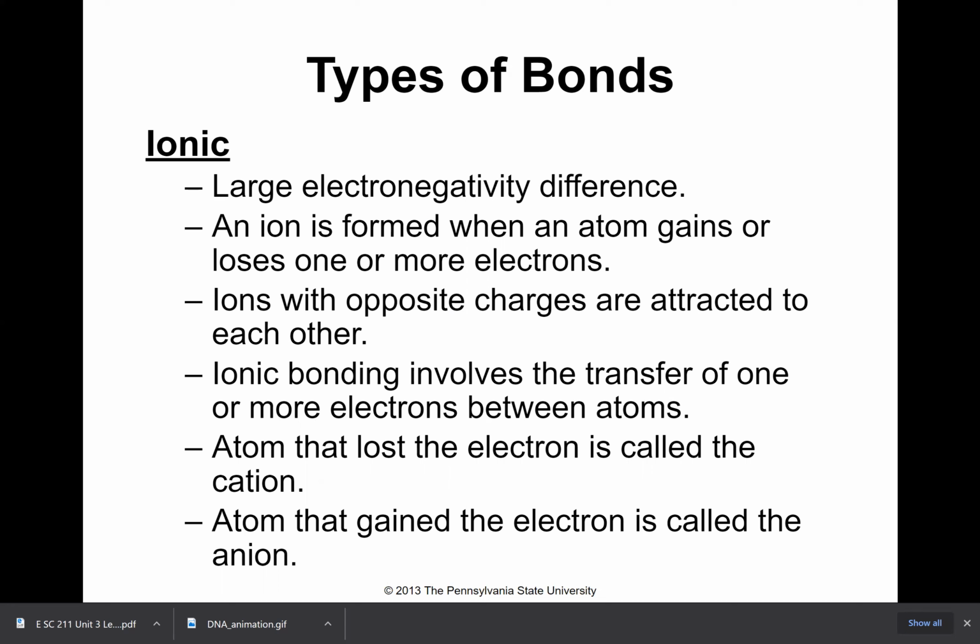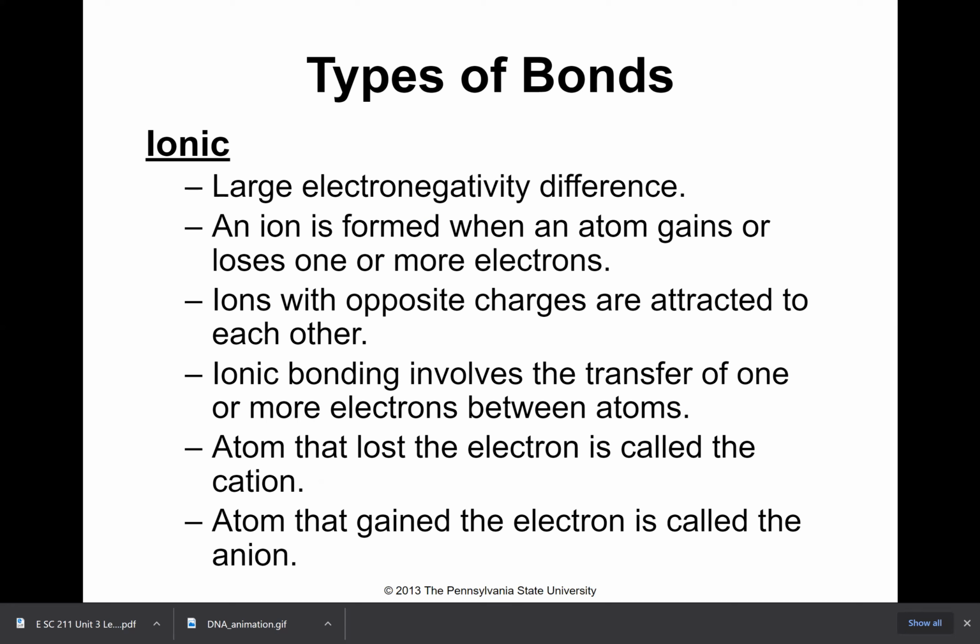Ionic bonds are created when an ion is formed when an atom gains or loses one or more electrons, right? So you have a positive atom when it loses its electrons to the other atom, which has a negative charge. So positives and negatives attract. Ions with opposite charges are attracted to each other. Ionic bonding involves the transfer of one or more electrons between atoms.